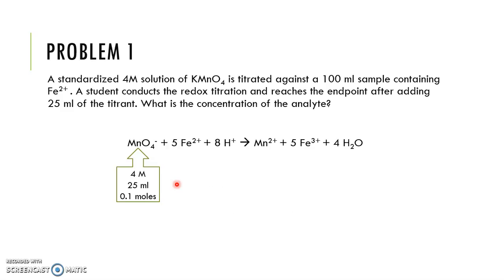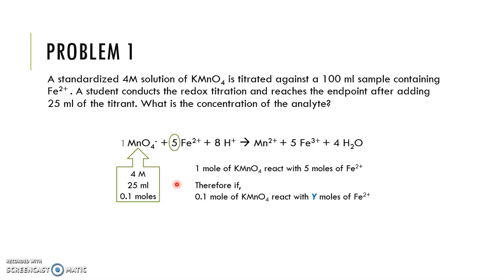From the reaction, 1 mole of potassium permanganate reacts with 5 moles of the solution containing iron. Therefore, if 0.1 mole of potassium permanganate reacts with an unknown number of moles of iron, when we do the cross multiplication, we will get the unknown number of moles.